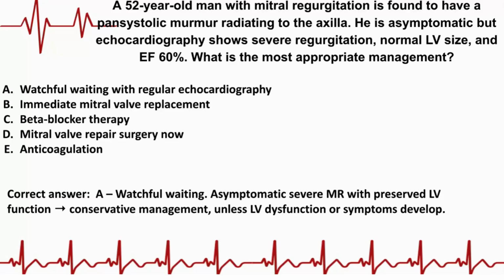So continue his medications, give him some time, and regularly surveil him with echoes. I would say the interval is every 6 months if he is otherwise comorbid, and every year if he's otherwise very fit and well.